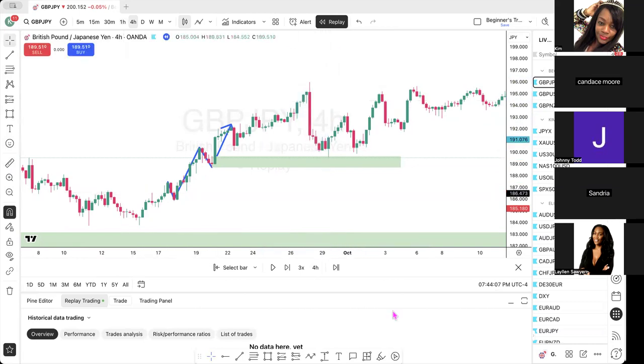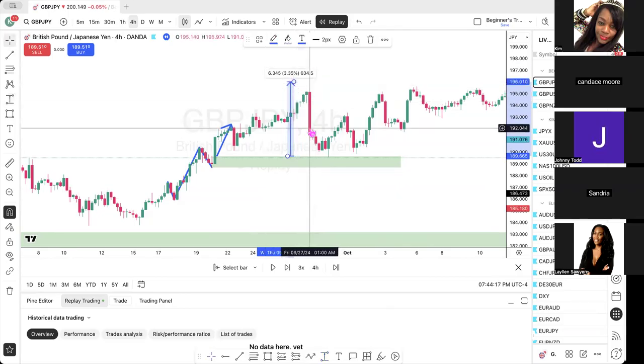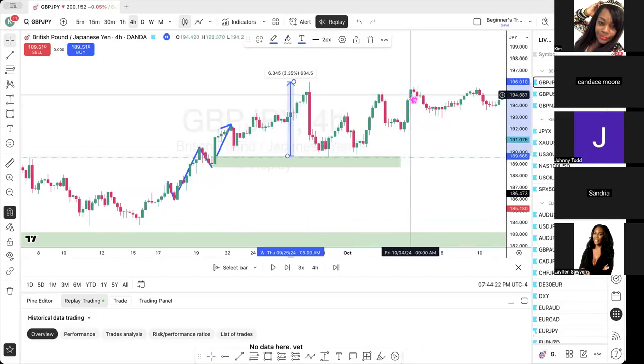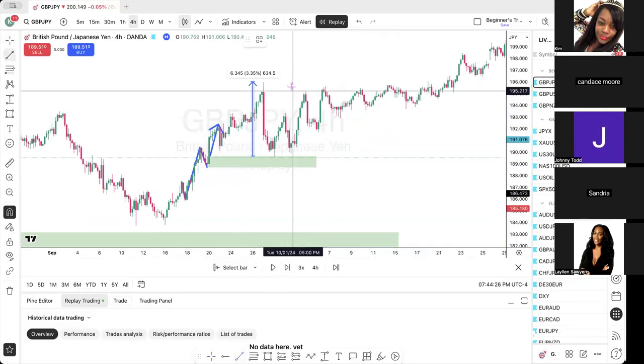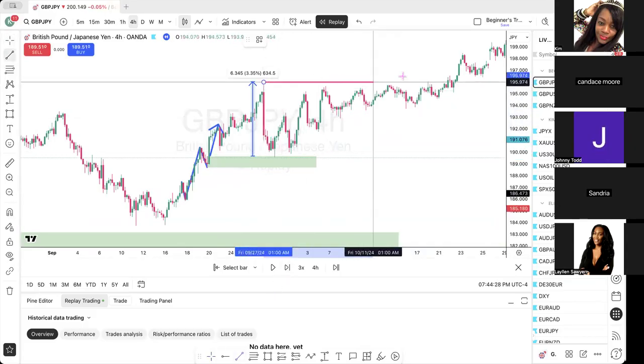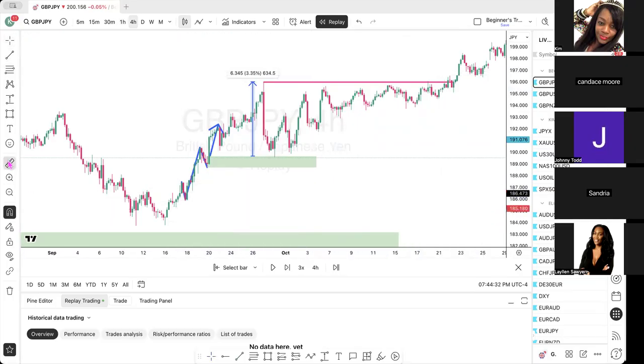So your entry would be here, and then you would take it up to this high. Okay, that's 634 pips. So price came here and then took you out of the trade right here at this swing high. Let's see how long that took.